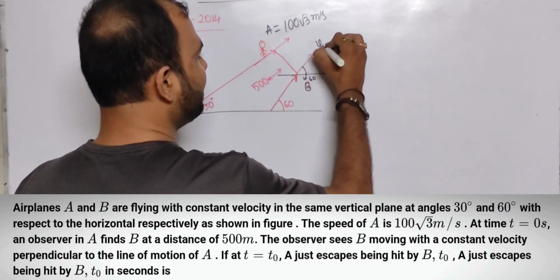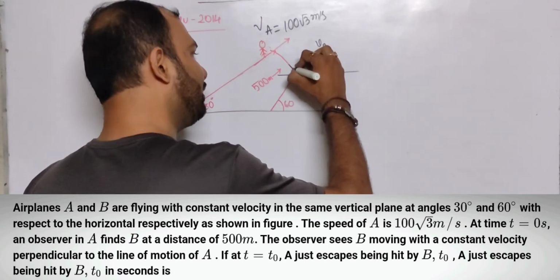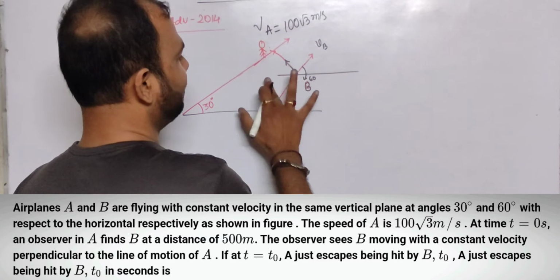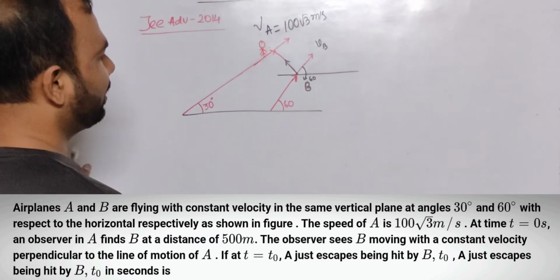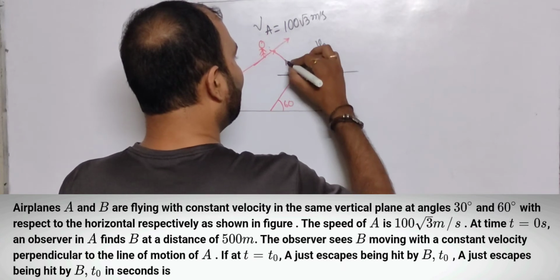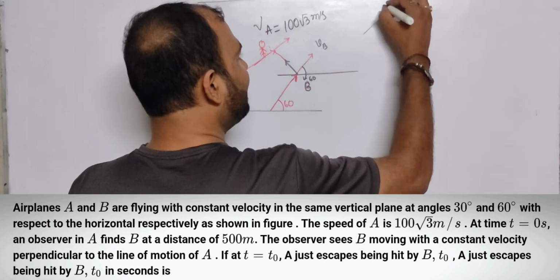And this is the velocity of plane B, velocity of plane A. I'm erasing the 500 meter component over here. We know there should be two components.